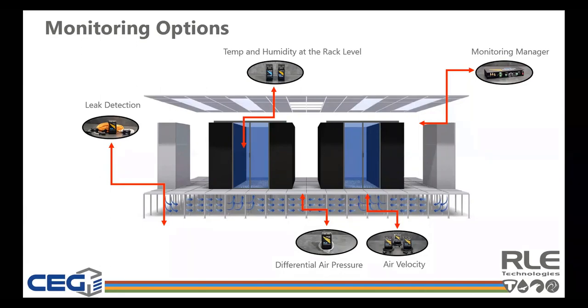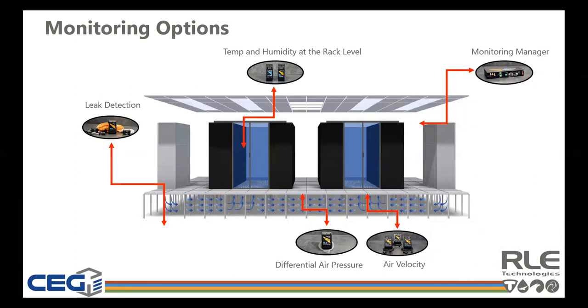In addition to temperature monitoring, differential air pressure between the floor plenum and the data center room, and/or between a contained aisle and the rest of the room, air velocity and humidity can provide important feedback about the state of the cooling and airflow in a given space. So armed with monitoring knowledge, it's easy to make adjustments to airflow panel numbers and locations to address these areas.